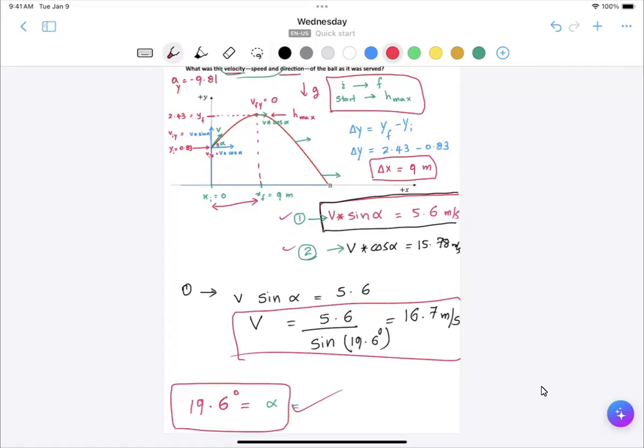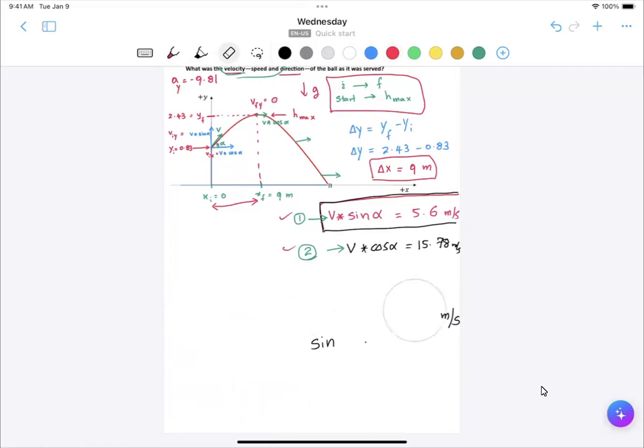Also, everyone, this is one way of doing that. As I mentioned earlier in the classroom, you could solve this problem using the relationship sine squared alpha plus cosine squared alpha equals 1.